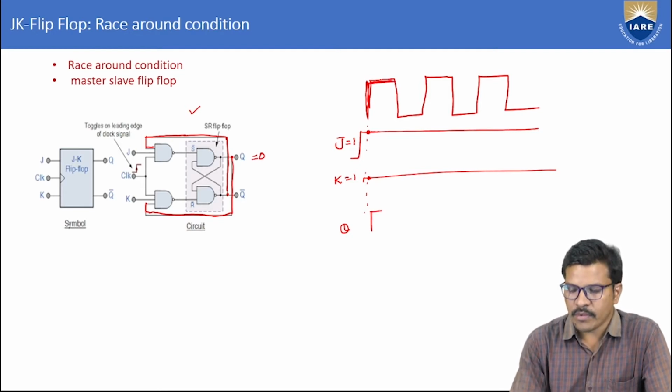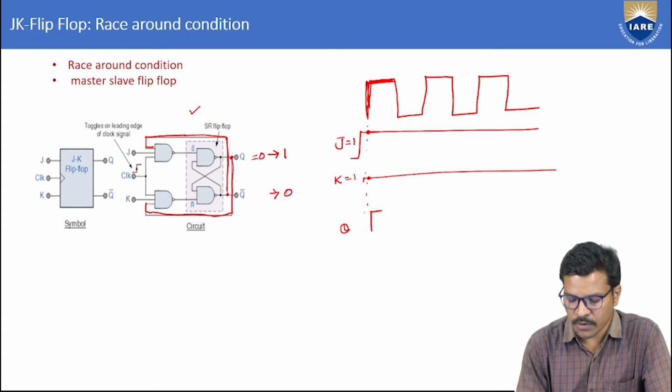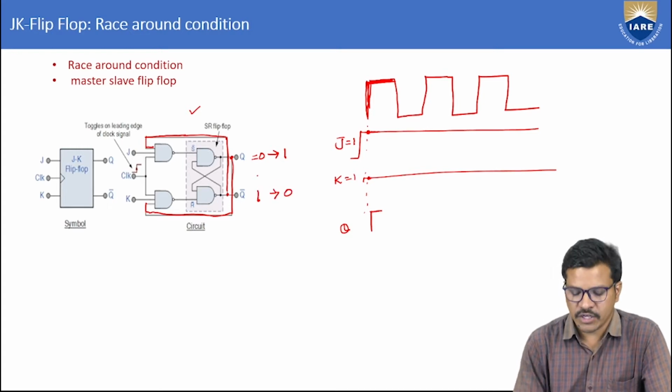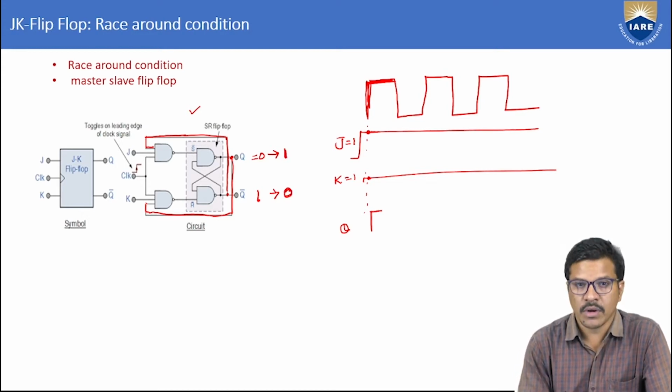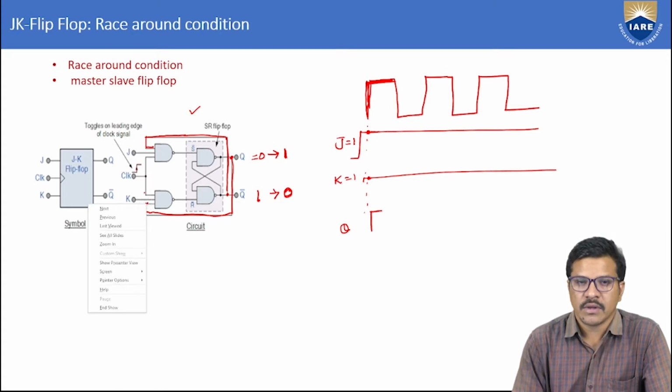When the clock pulse time period is long and the propagation delay is short, what happens? Because of the feedback connection, the toggled output Q becomes 1 and Q bar becomes 0 for the application of J equal to 1 and K equal to 1. This toggled output is fed back to the input, and the clock is still high.